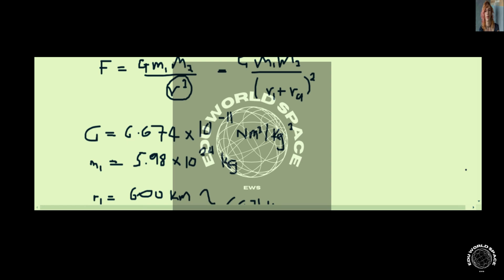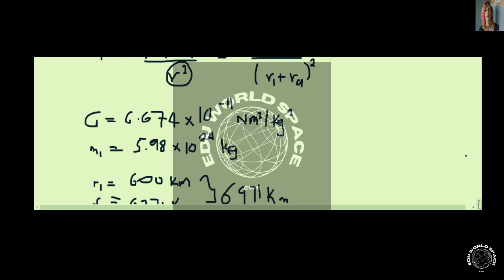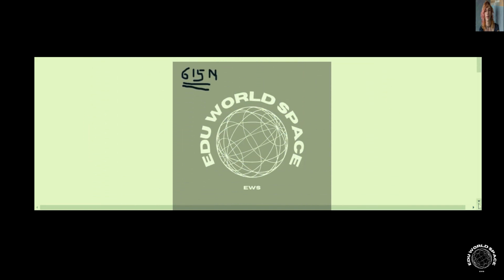So if the distance between them increases, the force reduces, and if the distance decreases, the force increases. So when the astronaut is on the surface of the Earth, the separation between them reduces, and so we should be looking out for the force of attraction between the astronaut and the Earth to be greater than 615 newtons.